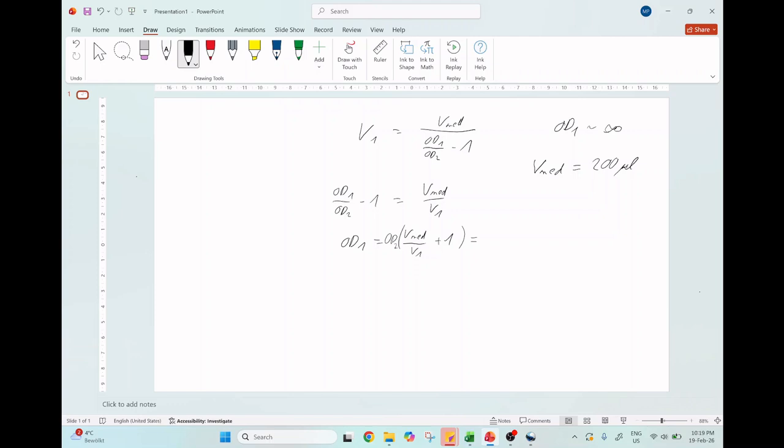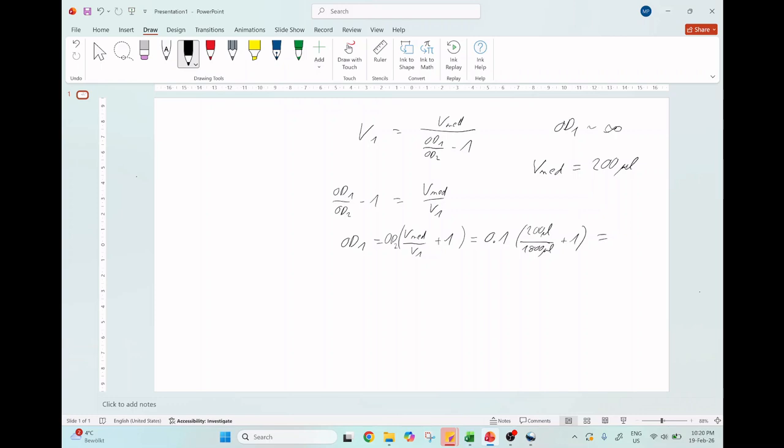So for the OD2 we said in our example we want to dilute to 0.1, and for the medium we said okay, we're choosing 200 microliters. Let's say we do this in a 2 milliliter tube, so this puts a bound on the V1 now, that could be 1.8 milliliters, or we can also say maybe the boundary is due to the amount of culture that we have available. But either way, let's say the bound is 1800 microliters.